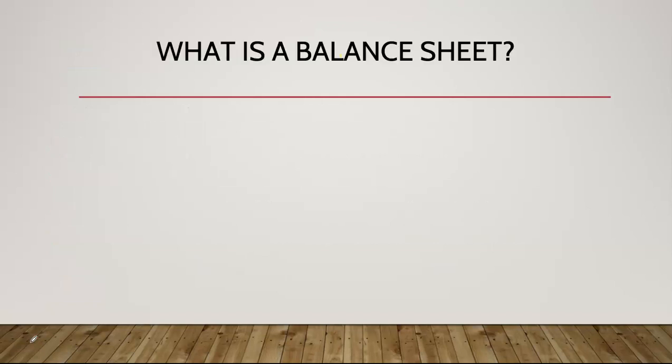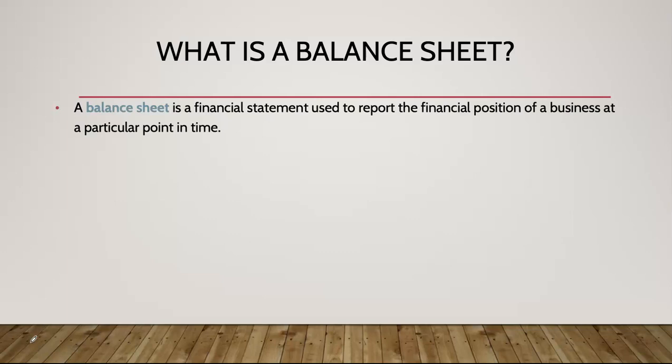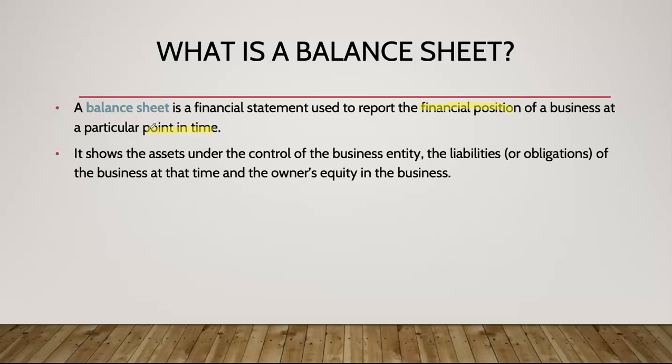So firstly, what is a balance sheet? A balance sheet is a financial statement that we use to report the financial position of a business. So we're looking at the financial position, and it occurs at a particular point in time. What we are specifically showing is three elements of our business.